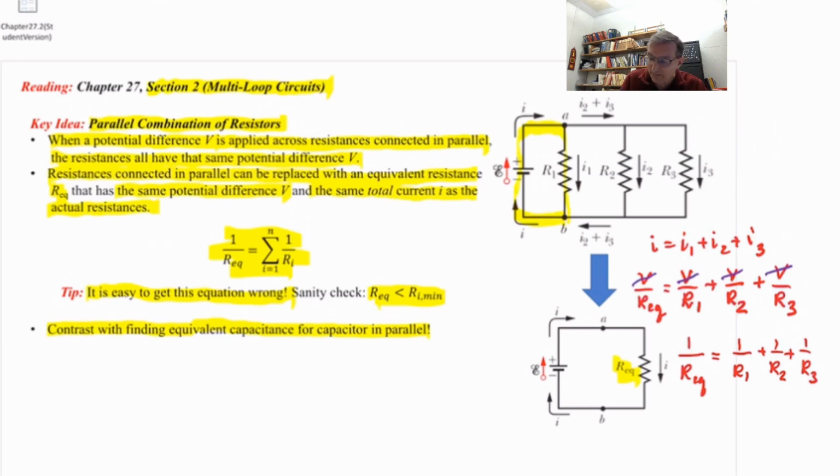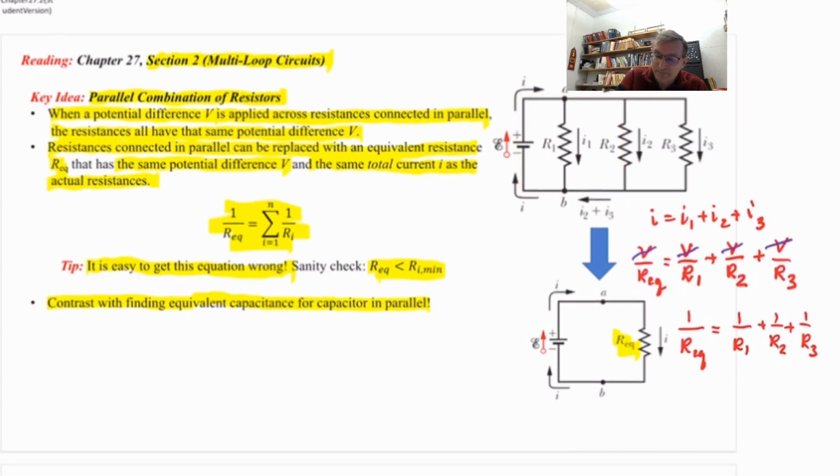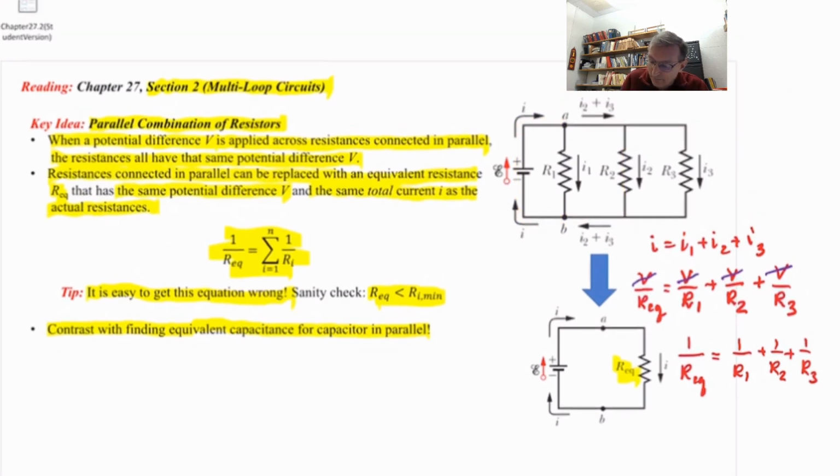Now let me do another one. That's another one. Okay, I'll do another one. That's another one. I'll do another one. That's another one. Notice it doesn't have to be a loop containing the battery.